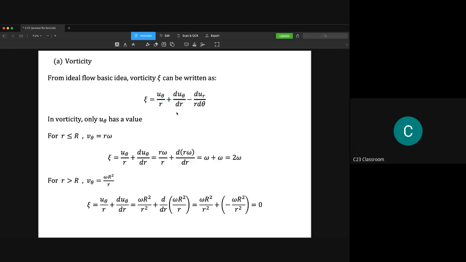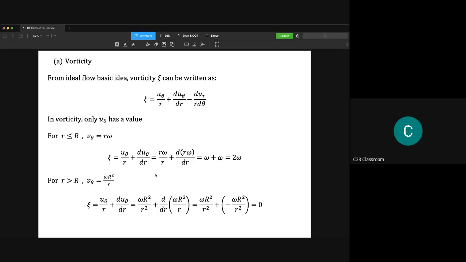In vorticity only u theta has a value, so we could neglect the existence of ur. So now we only evaluate these two parameters. For r equal or less than capital R, we take v theta equal to r omega, and then we substitute and find that the vorticity is 2 omega.